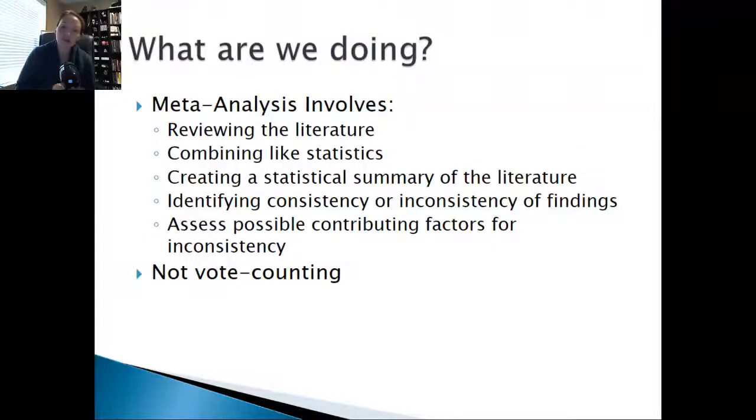And in that process, we also identify things that are consistent and/or inconsistent in our findings. And if we find things that are inconsistent, we of course want to try to explain that. So we try to assess for possible contributing factors for that inconsistency. And again, we are not vote counting when we do a meta.